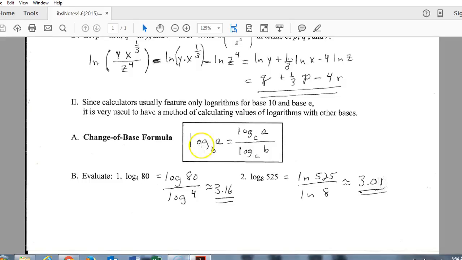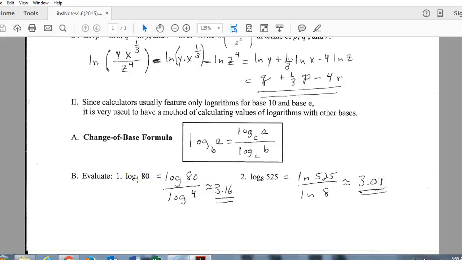In general, if you have log base b of a, remember calculators will automatically do a base of 10, and so if you have some other base that's not a 10, how do you put that into your calculator? This is one way. This is called the change of base formula, where I can do the log of this divided by the log of this into my calculator, and that's just one way that a calculator can get you an answer for this when it's not a base of 10.